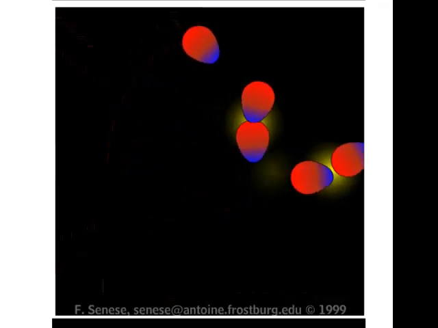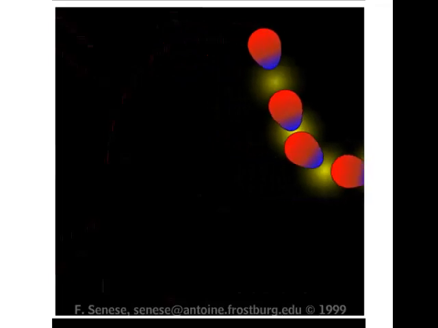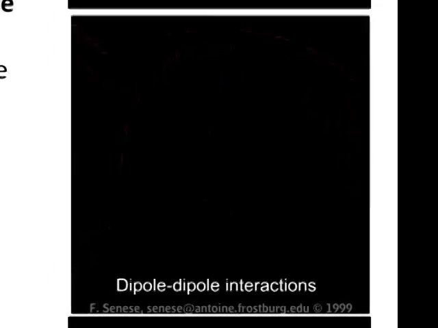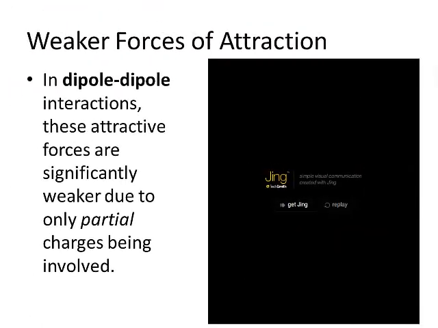The yellow that you see indicates these temporary attractions between these particles, and you'll notice that they do have some effect upon each other, but it's not a strong effect. It's not a strong bond that holds them there, so that's why it's easy for them to break and easily move away from each other as they're moving along.